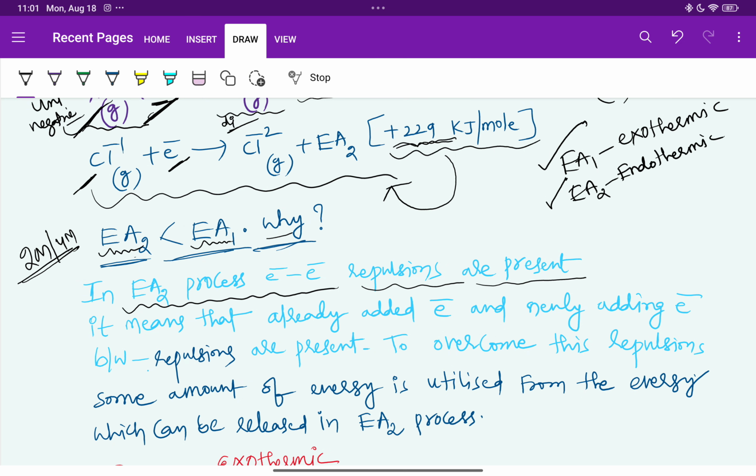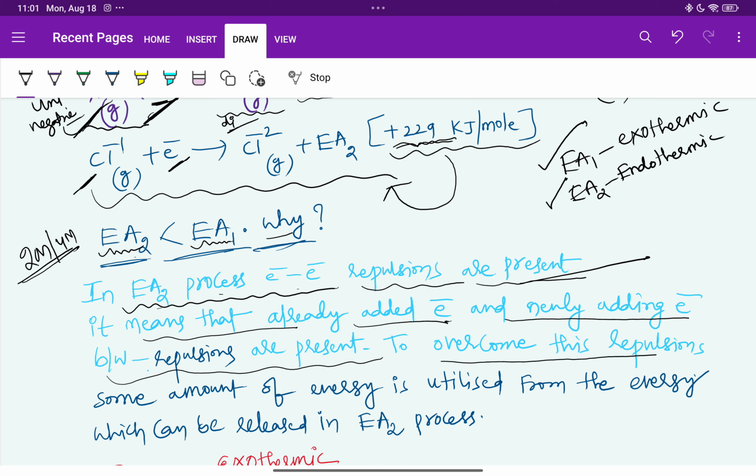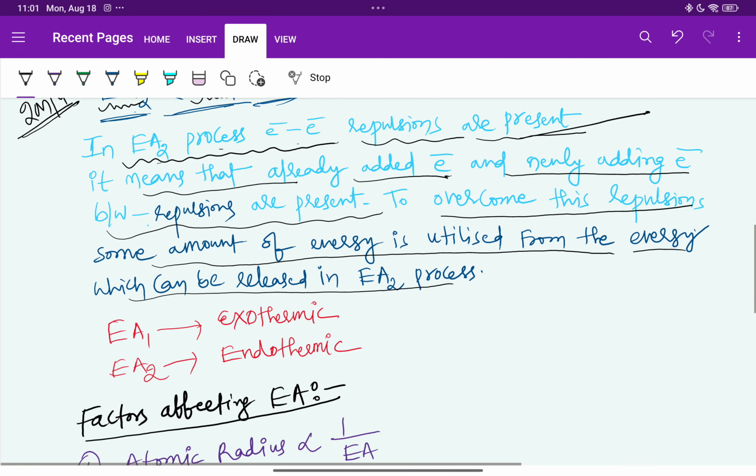You can see here in the EA2 process, electron repulsions are present. It means that there are repulsions between the already added electron and the newly added electron. To overcome these repulsions, some amount of energy is utilized from the energy which could be released in the EA2 process. What is the meaning of this?